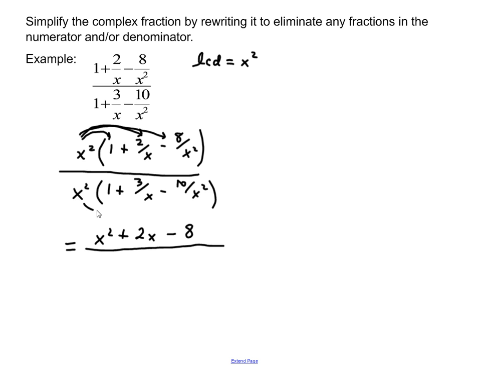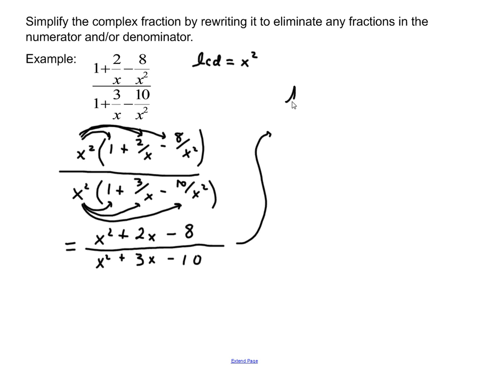Do the same thing in the denominator: x squared times 1 is x squared, x squared times 3 over x is 3x, and x squared times negative 10 over x squared is minus 10. Now we're in a better position to simplify this fraction if that's at all possible.